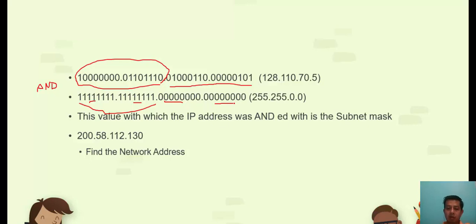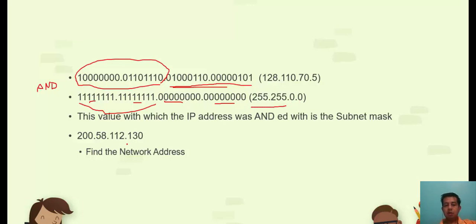The value which I have used to find my network IP address is known as the subnet mask. I have logically ANDed the network part with all ones and the host part with all zeros. So in this example, the first two octets are all ones, 255 255, and the next two octets are zeros, so those two parts are 0 0.